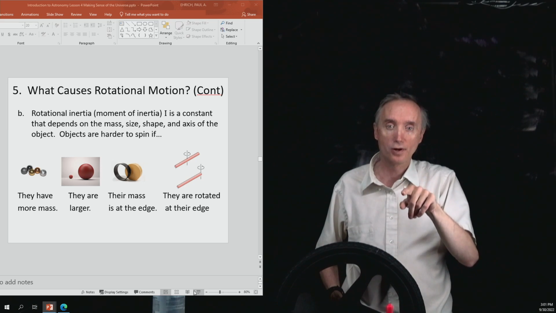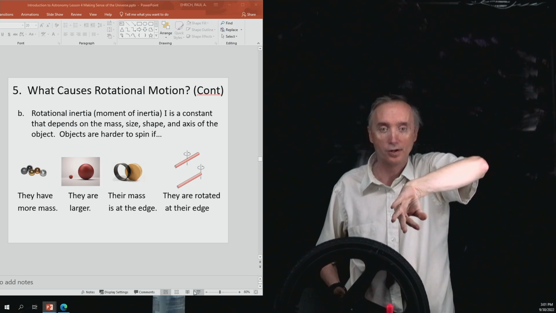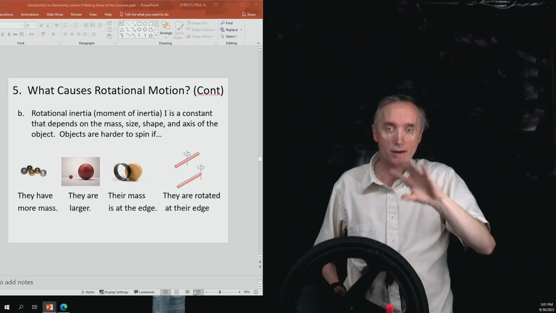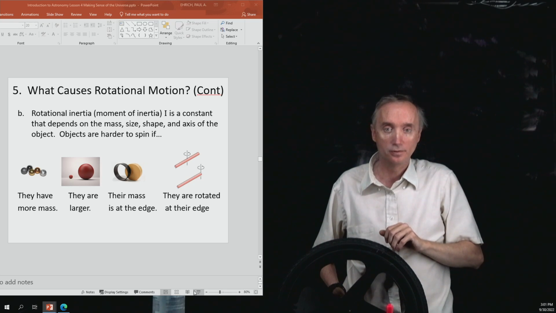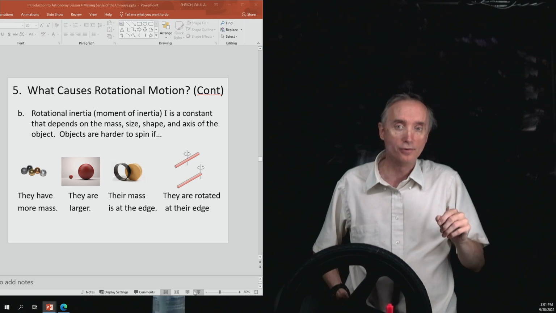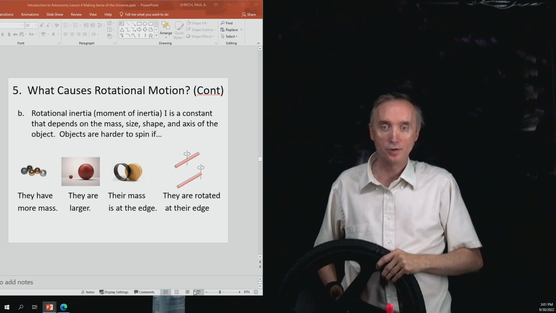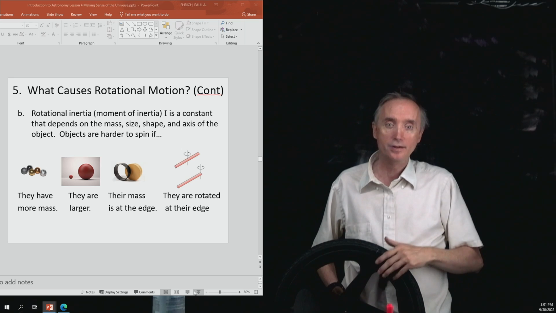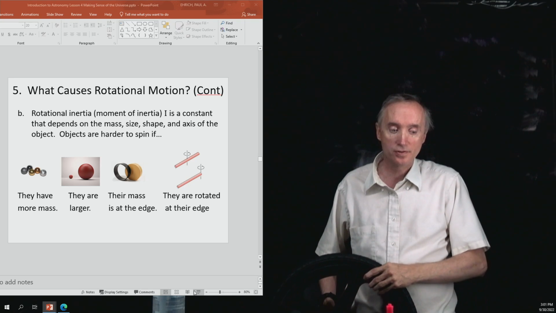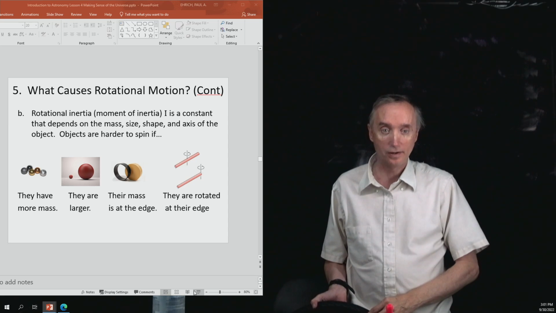Do you notice that on the ring, the mass is located on the outside of the ring, whereas in the disc, the mass is uniformly in there? Now, I'll show you how you could figure out which one would get to the bottom of the ramp in just a moment. And then the last one is, it also depends on how you rotate it.